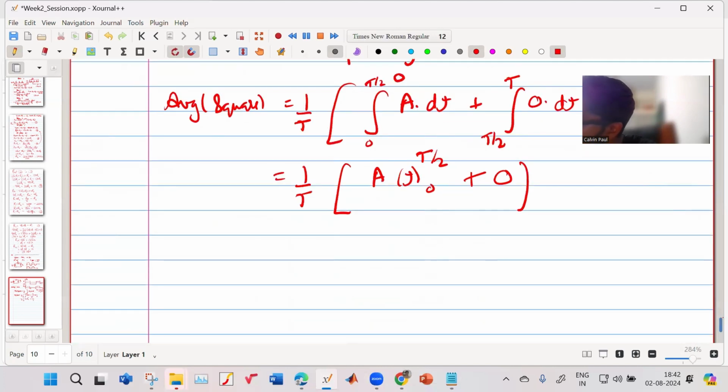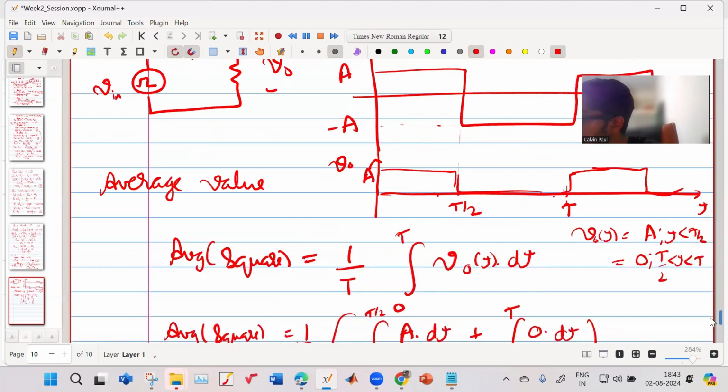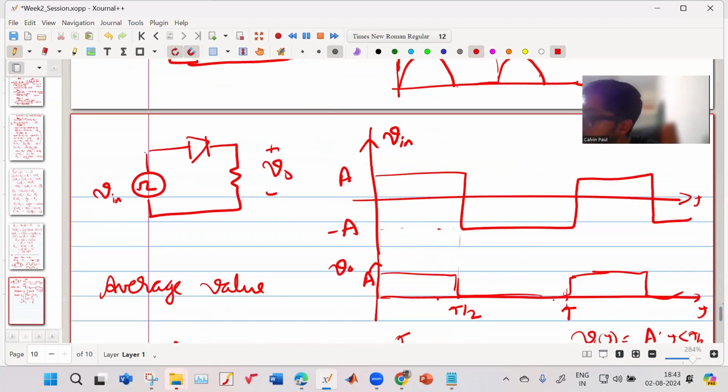So it becomes 1 by T into A into T by 2. So this T and T get cancelled, and the average value of this square wave is A by 2.